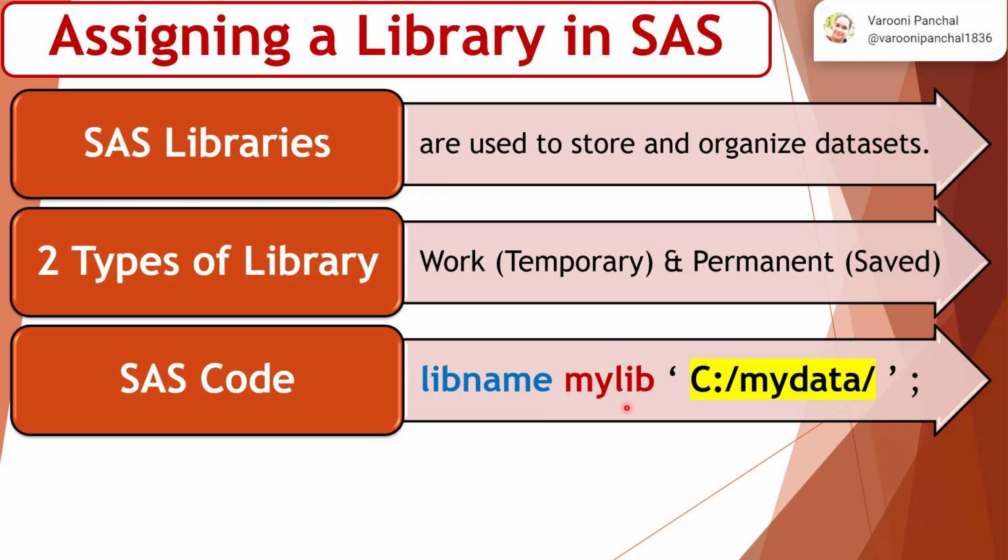So mylib is the library name, and C colon is your drive followed by the path, for example a folder called mypath. This is the library reference that I'm giving as mylib, and if I use this reference, mylib, for the data sets I'm generating, all those data sets will get physically stored in this specific path.